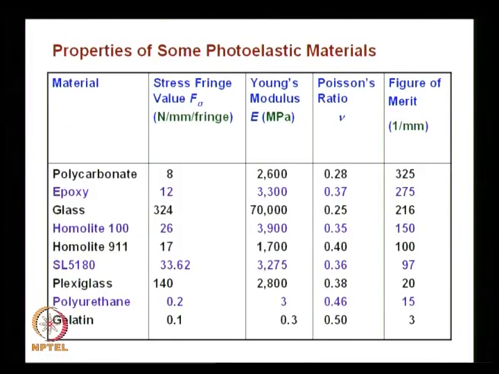See, we have looked at model to prototype relations, we have also looked at the similitude equations. Now, let us look at what are the kind of photoelastic materials that you have, and I have quite a variety of them. We will also see them physically and also see their properties.